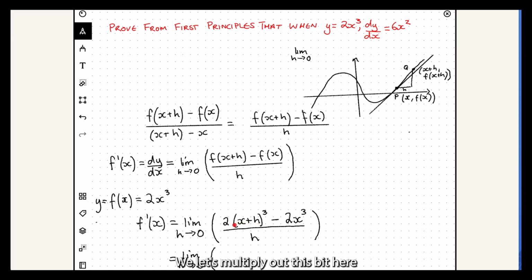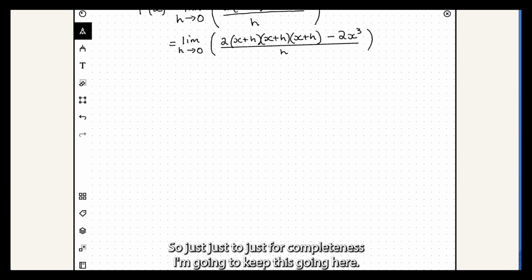Let's multiply out this bit here. 2 into x plus h multiplied by x plus h multiplied by x plus h minus 2x cubed all divided by h. Okay. So just for completeness, I'm going to keep this going here.